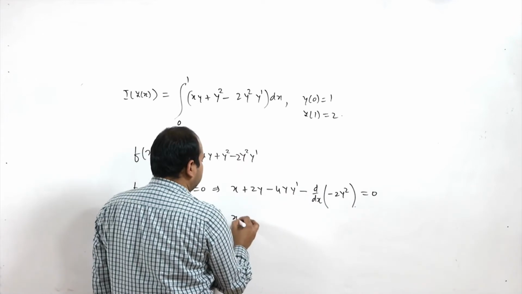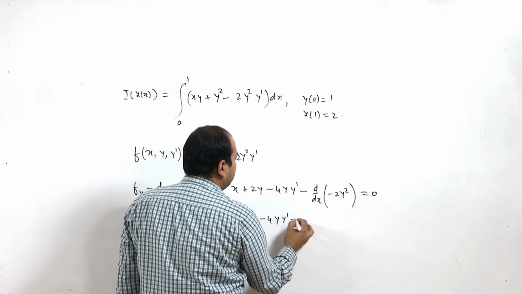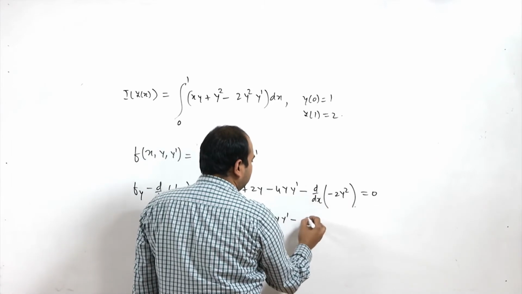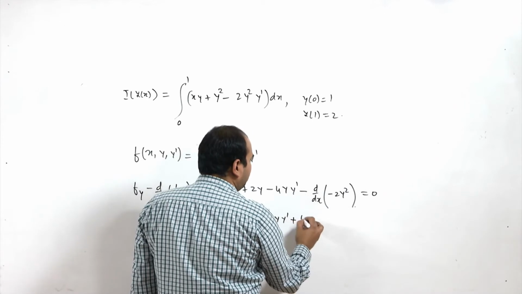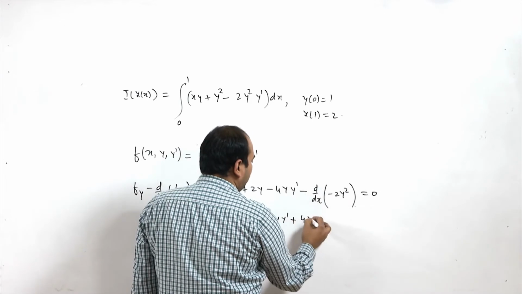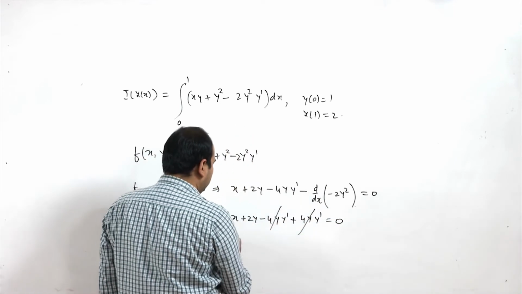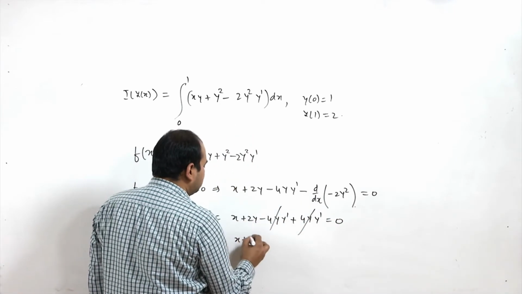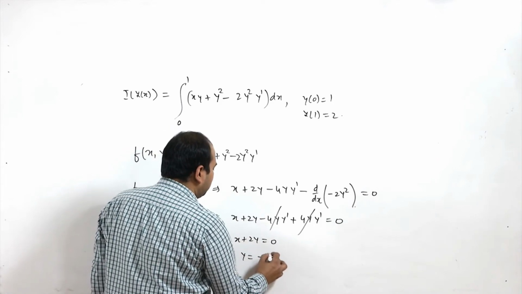This simplifies to x plus 2y minus 4y y dash plus 4y y dash equal to 0. These two cancel out and you have x plus 2y equal to 0, which implies that y has to be minus x by 2.